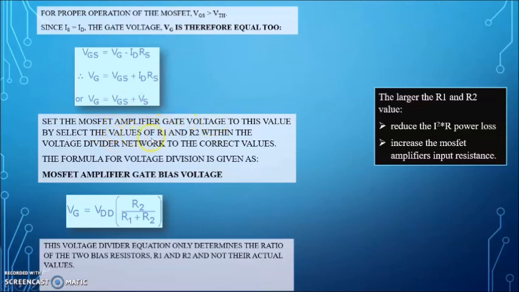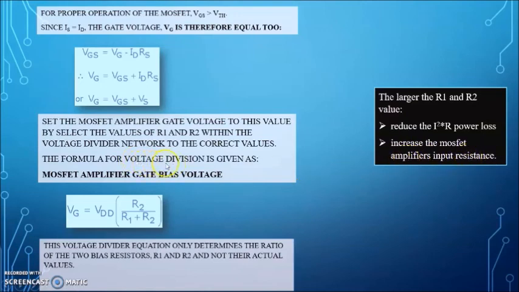By selecting the values of R1 and R2 within the voltage divider network to the correct values. The larger the R1 and R2 values, the lower the I squared R power loss, and the higher the MOSFET amplifier's input resistance.